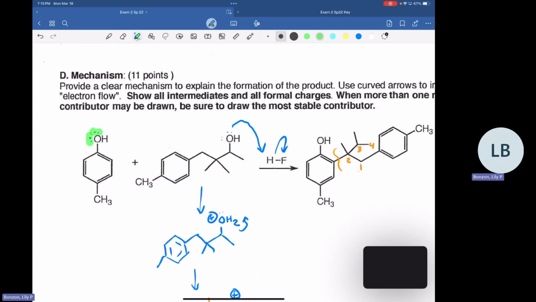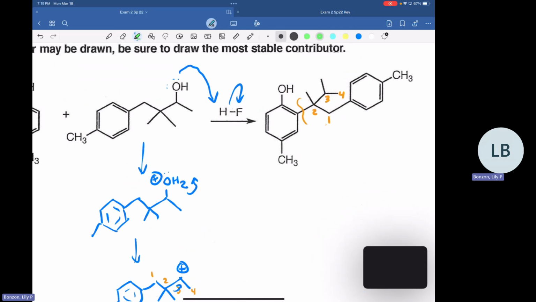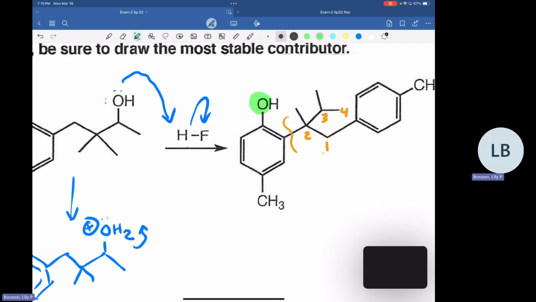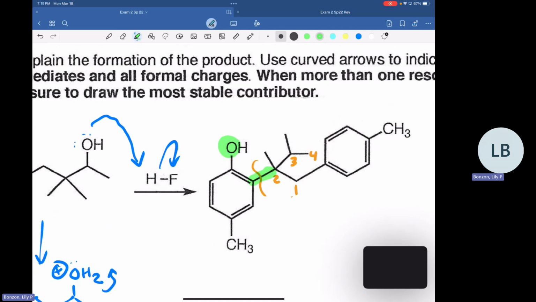Do one step, look at your end product, do another step, look at your end product, just so you can stay on track. So we're not joining the two together with this oxygen. The oxygen actually just stays as it is. We're actually joining these two together at this benzene ring.